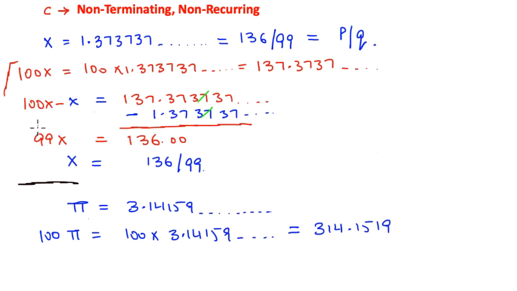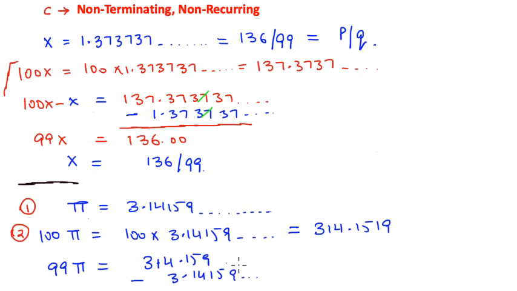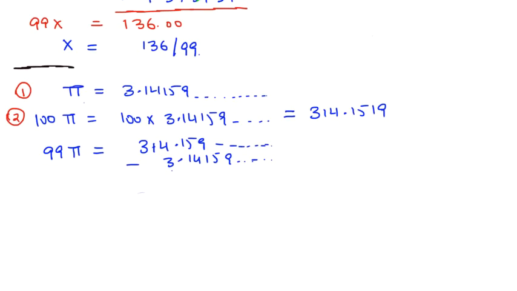You will say that just like what we did here, what if we were to subtract the first number from the second? Then we will obtain 99 pi on the left hand side, but the right hand side will contain 314.159 minus 3.14159 and so on. But if you were to carry out this subtraction, you will not obtain any meaningful result.